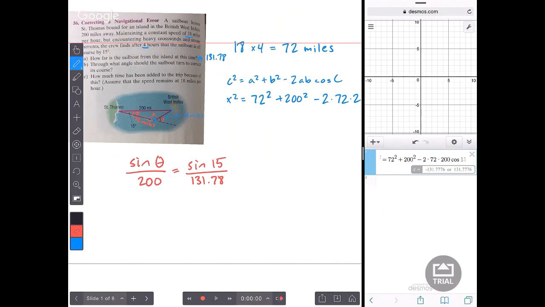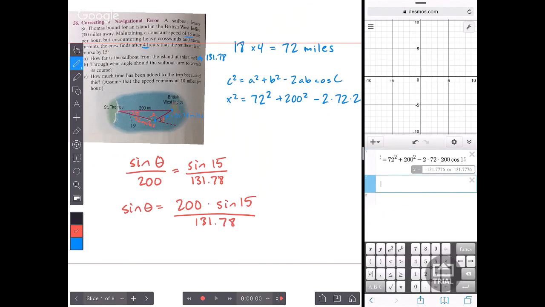Let's see, sine of theta. So sine of theta equals 200 sine 15 over 131.78. I have it in here so I can just say x.